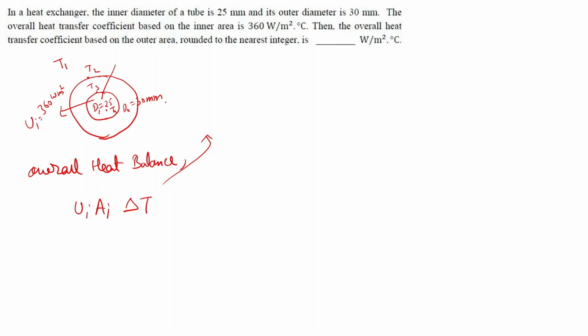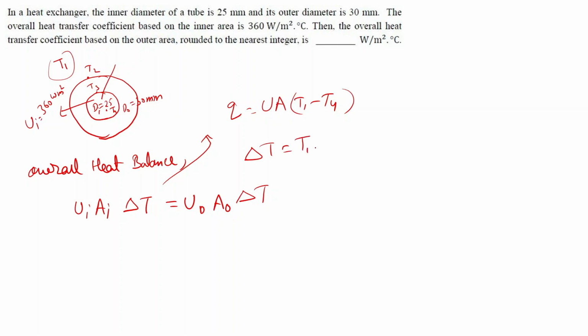Then the total Q, that is heat exchange, will be due to this temperature difference across T1 and T4. So that we can write it as UA into T1 minus T4. Okay, so here delta T is T1 minus T4. Similarly for the outer case also it will be same. So delta T will be same for both the cases, that is T1 minus T4.